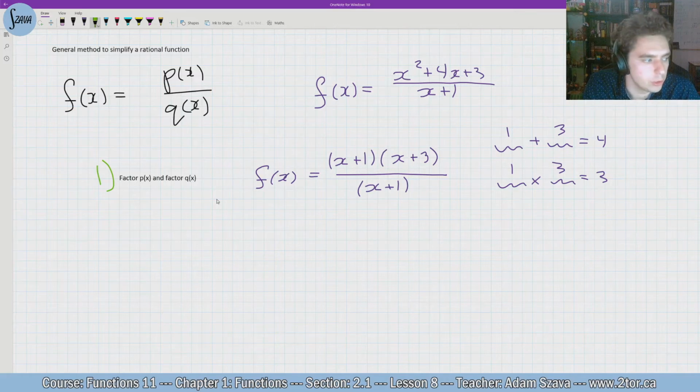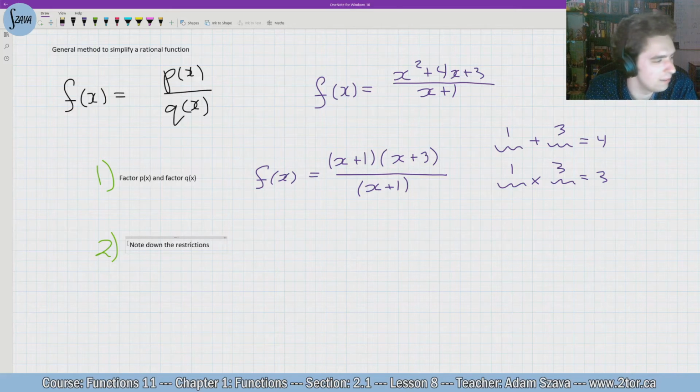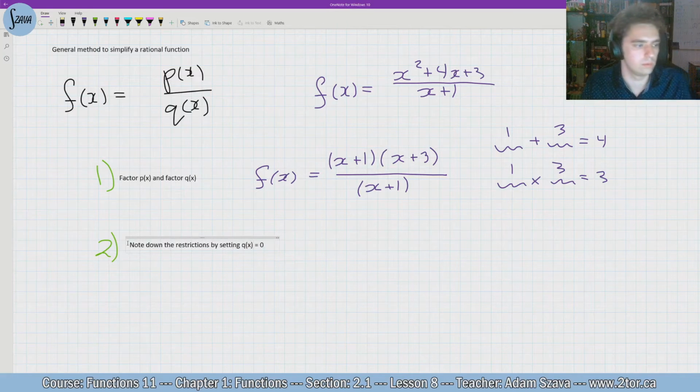Step number 2 is, now is a good time to note down the restrictions by setting q of x equal to 0 and solving for x.